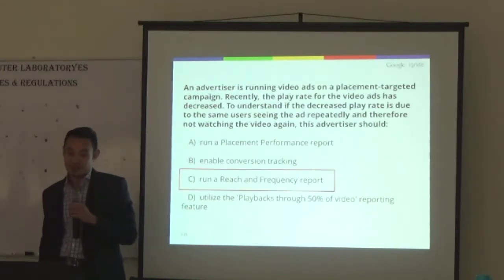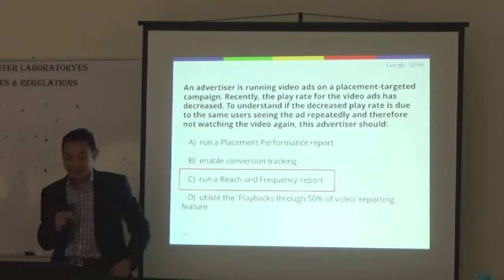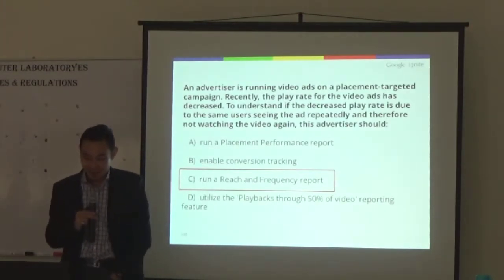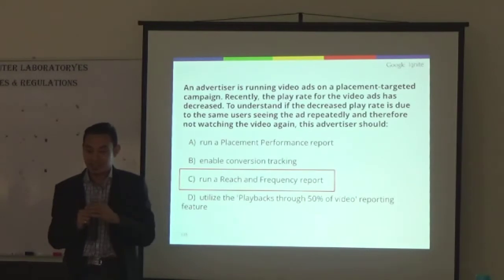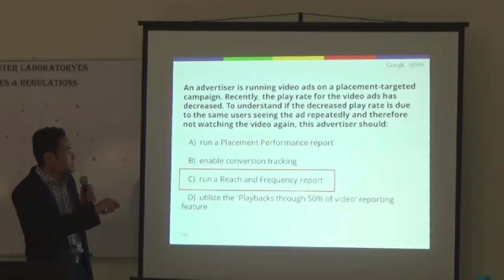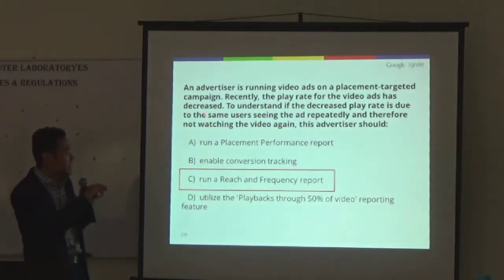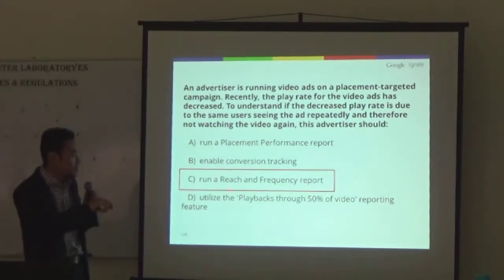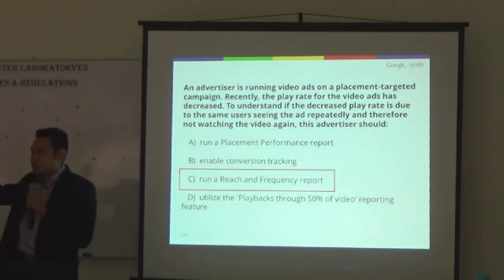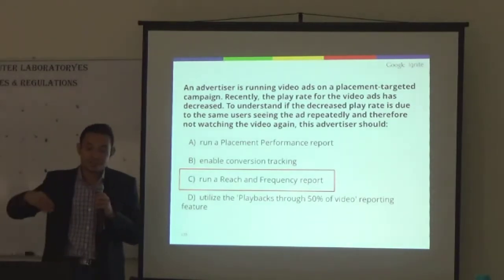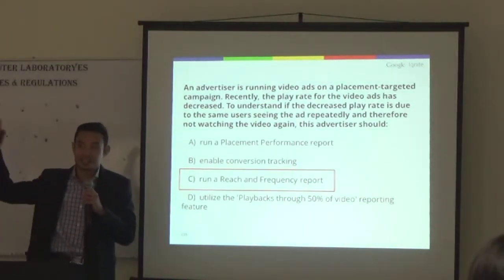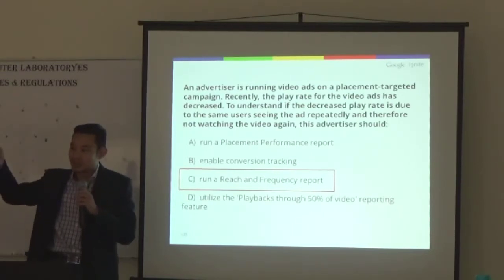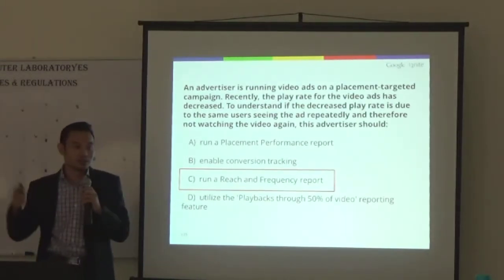Actually, you have to run the reach and frequency report, not the placement performance report. To know what action to take, you have to look at the reach, how many people saw it, and how many times these people have been shown that particular ad. Placement reporting is where you look at which sites the ad is being shown on, what conversions happen on those targeted sites, and so on.